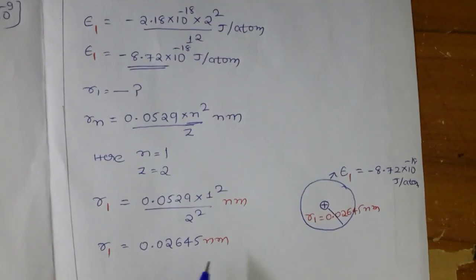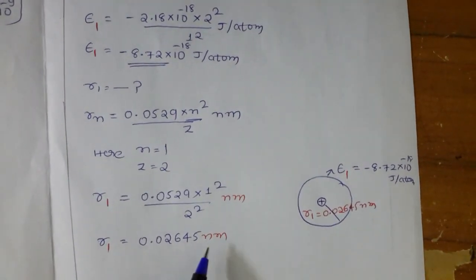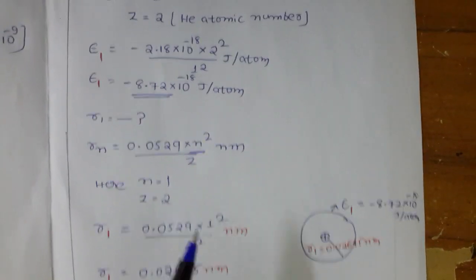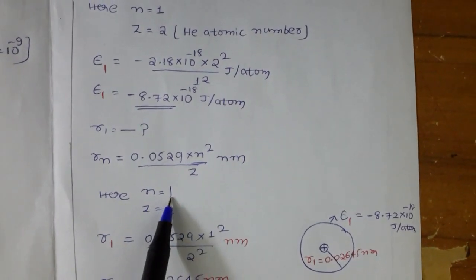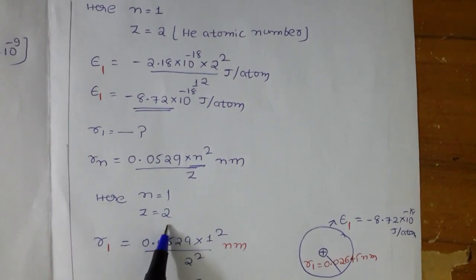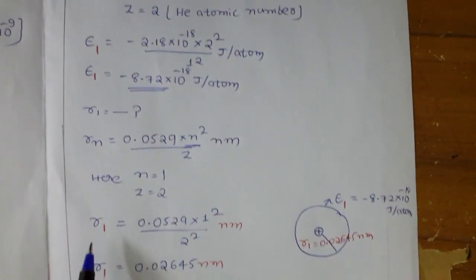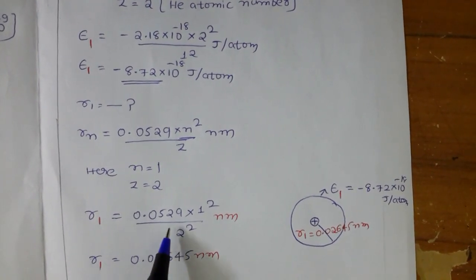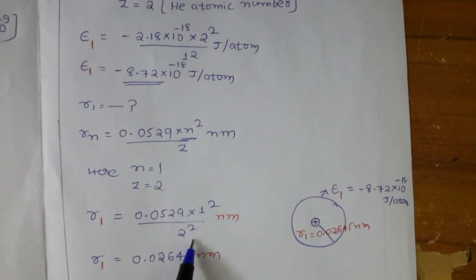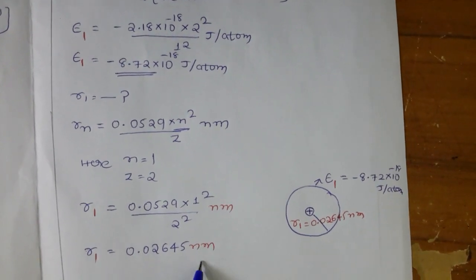I am following the textbook values, so I select the expression for nanometers. Again they are asking about the first orbit, and helium means Z equals 2. If you substitute, R1 is equal to 0.0529 into 1 square by 2 square nanometer. So this is the radius.